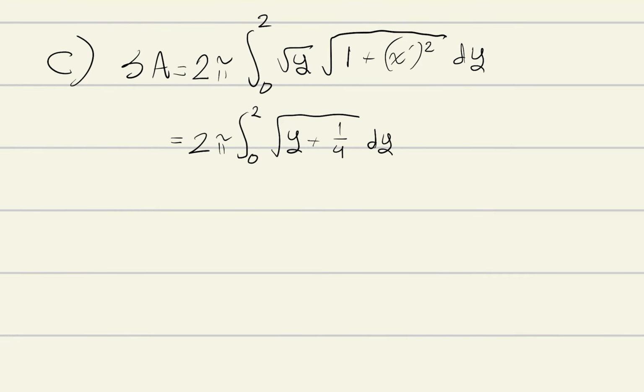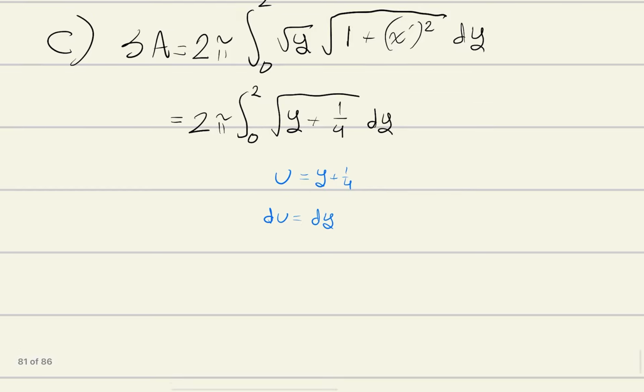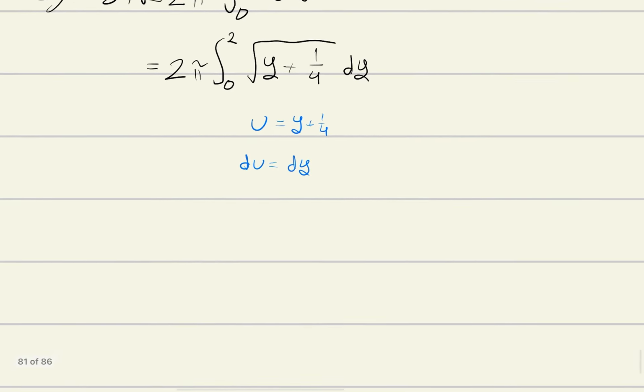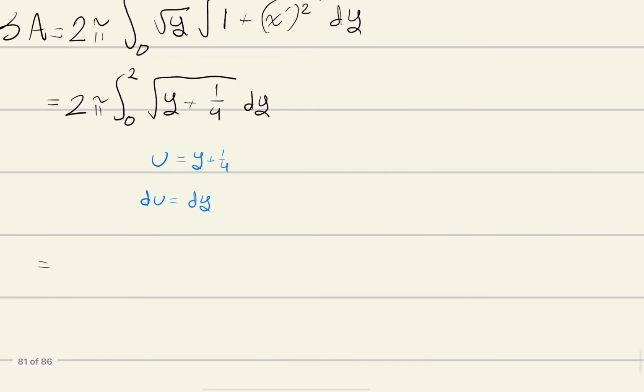Next we can use u substitution, where u is equal to y plus 1 over 4, and du would be equal to dy. And we can also go ahead and change our limits. When we plug 0 into this equation for y, we would get 0 plus 1/4. So u is equal to 1/4.